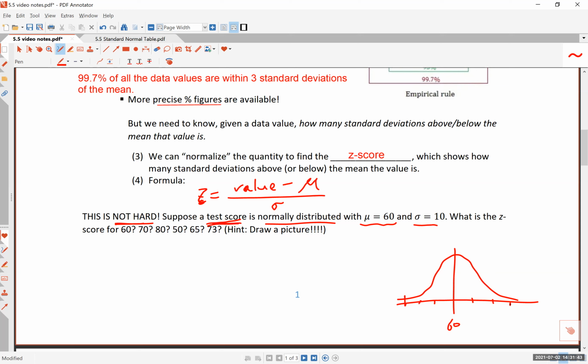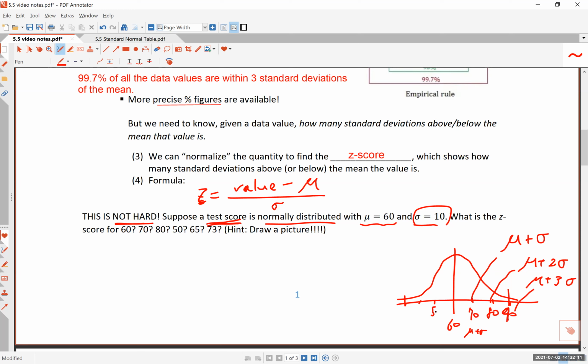Remember, within 3 standard deviations, almost everything is there. Because the standard deviation is 10, this number will be 70. This is mu plus sigma, and 80 is mu plus 2 sigma, and 90 is mu plus 3 sigma.